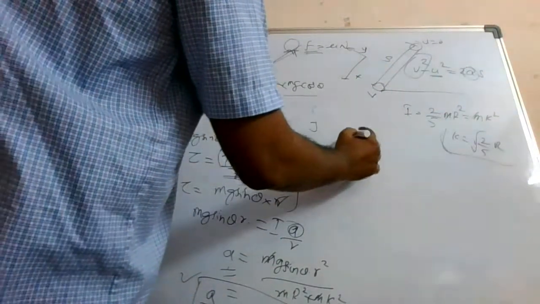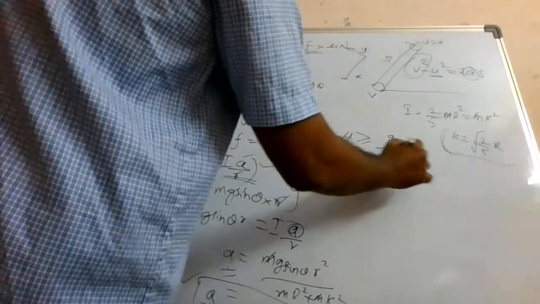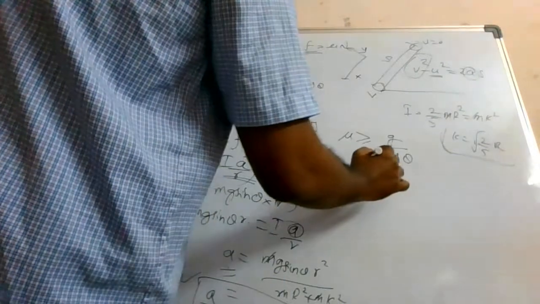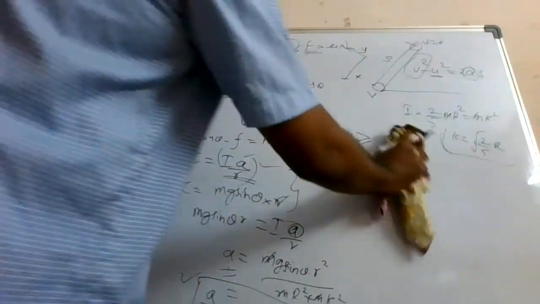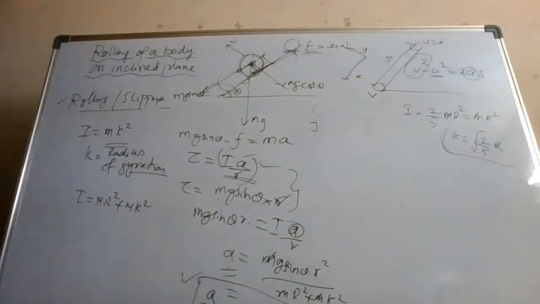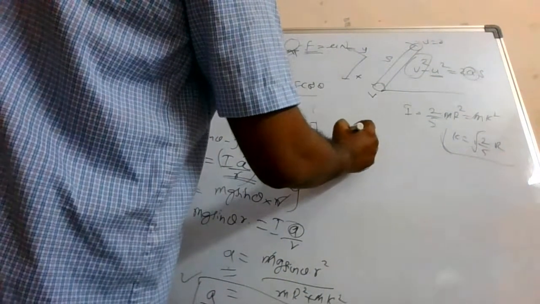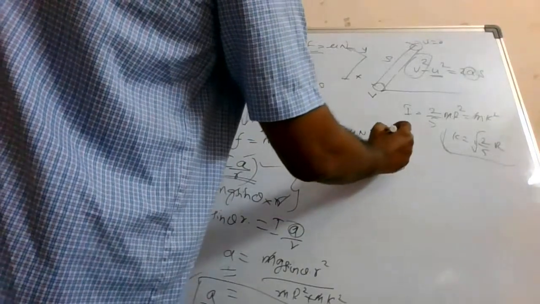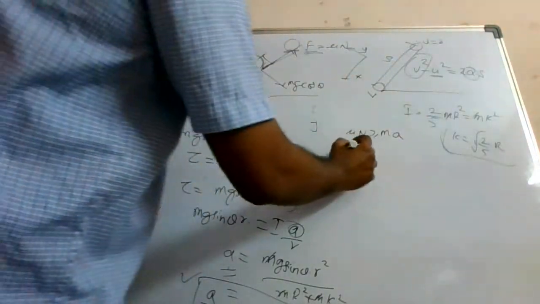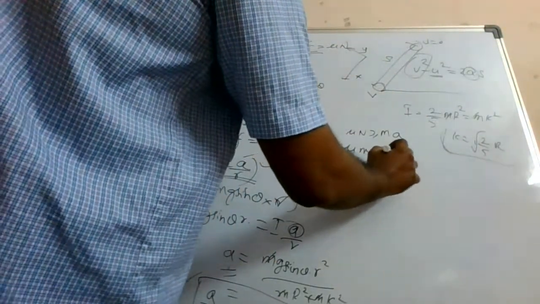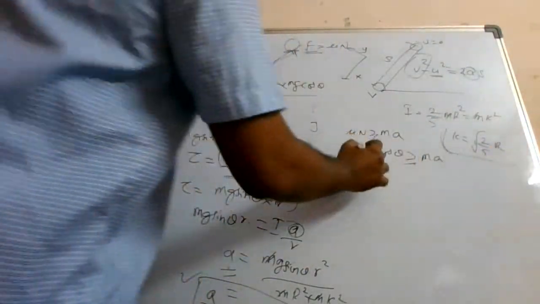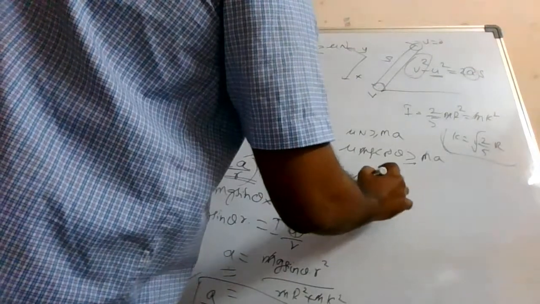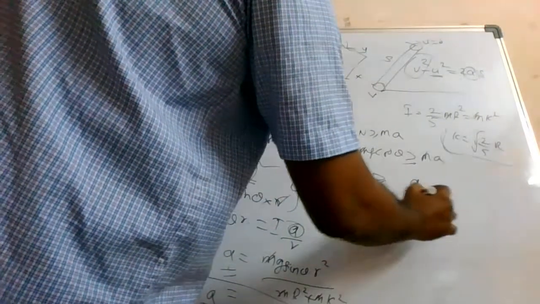So we got mu should be greater than or equal to a by g cos theta. It was mu mg cos theta greater than or equal to ma. So m cancels.